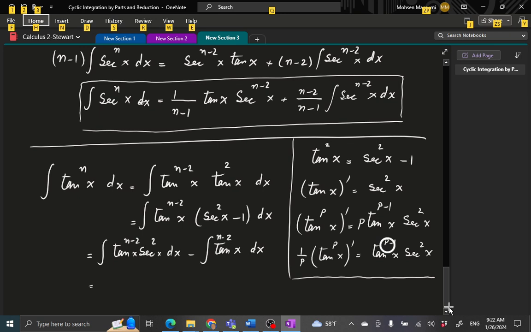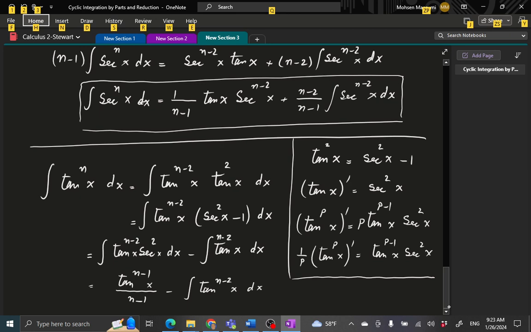I have to increase the power by 1 and just divide by that. So I increase this by 1. It becomes n minus 1. So I'll get tangent to the power of n minus 1 of x over n minus 1. And then here I have tangent to the power of n minus 2 of x dx.